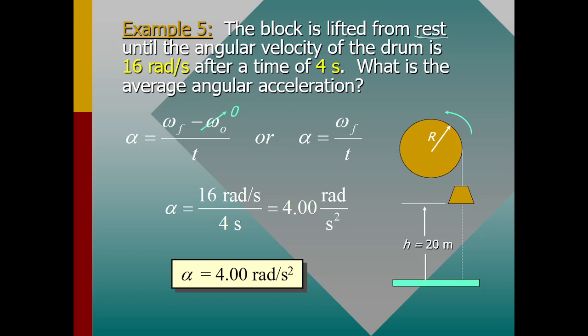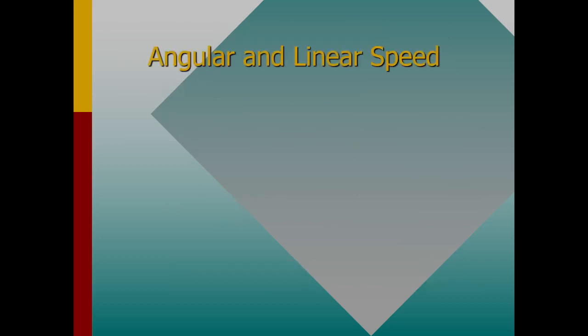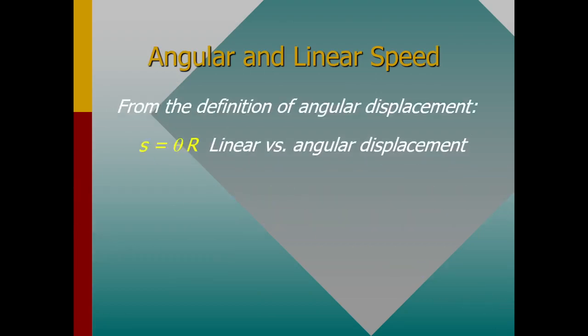Okay, with this information, we can look at the relationship between angular and linear speed. From the definition of angular displacement, S is equal to theta r, where S is the linear displacement and theta is the angular displacement.